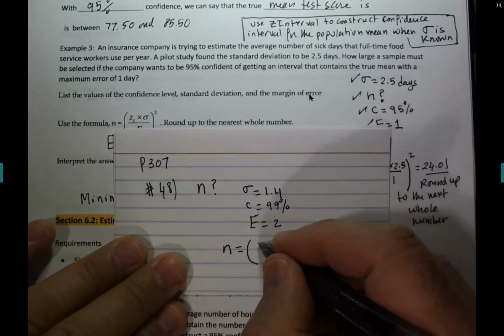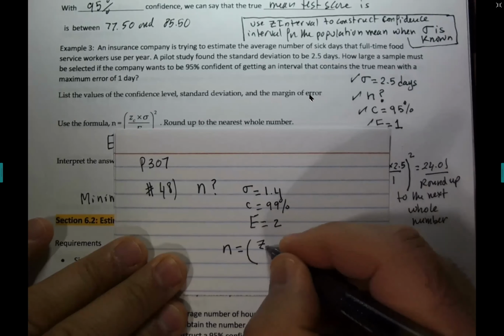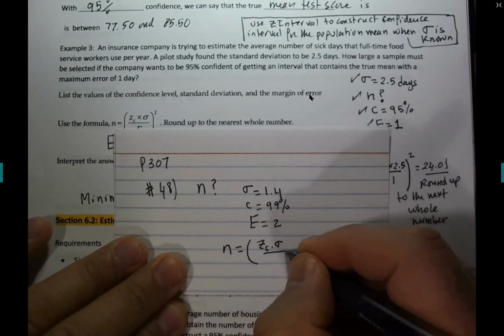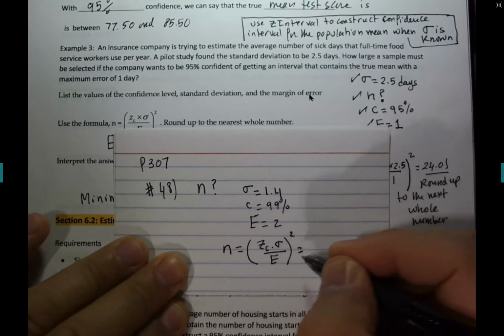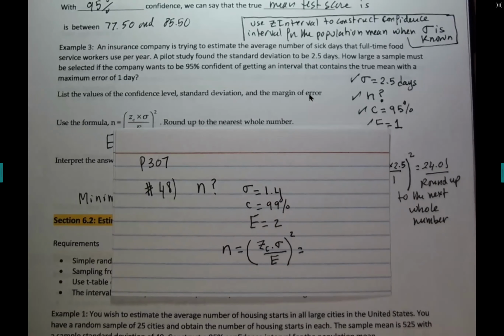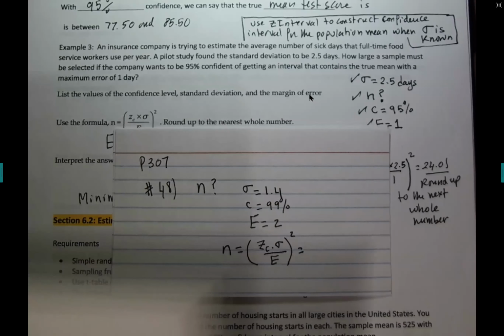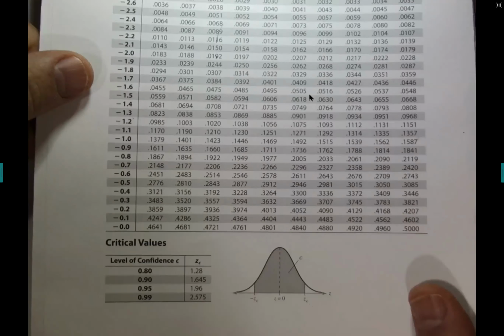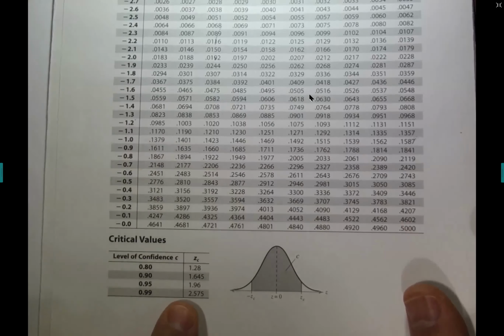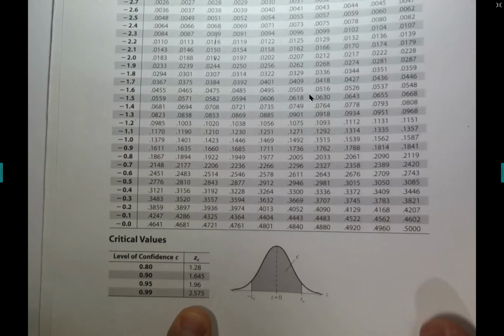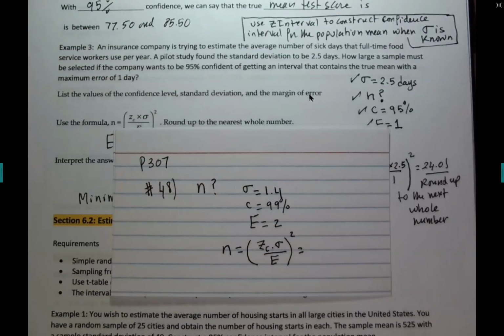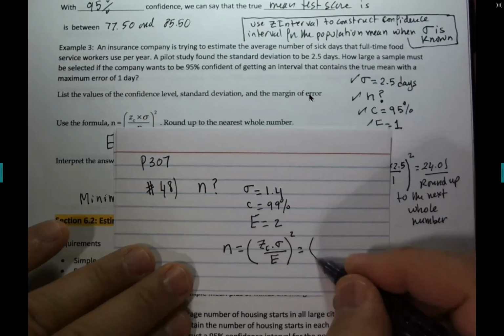So it is ZC times sigma divided by E, squared. Let me show you what ZC is for 99%. Try to memorize them, guys. That will help you a lot. For 99%, it's 2.575. So I'm going to use the 2.575.